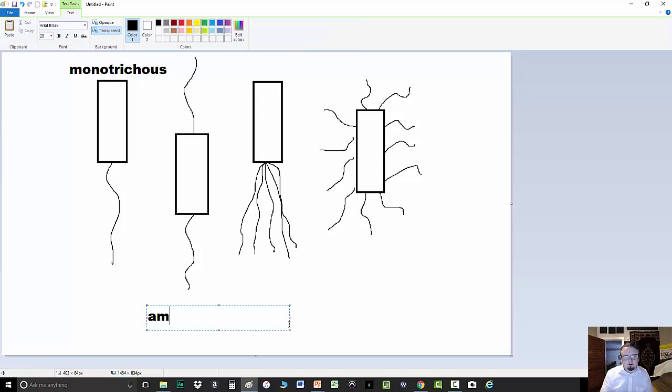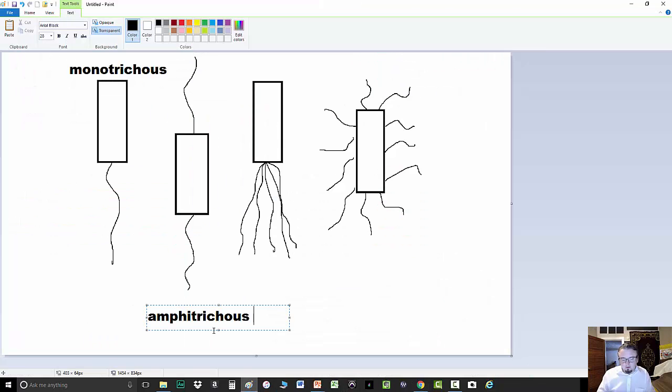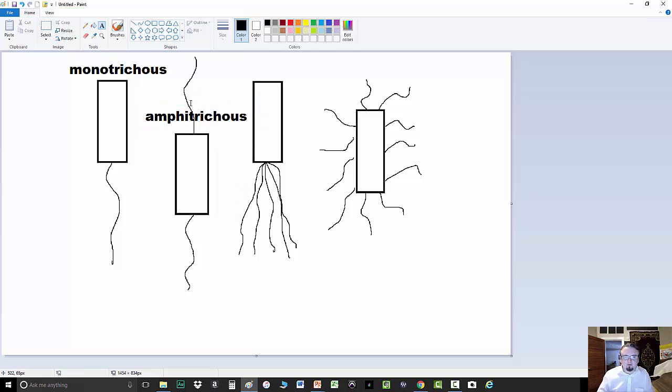This next one here is called an amphitrichous. Make sure I got the spelling right on that. Yeah, amphitrichous. Amphi means something about both. So this is somehow in reference to a tail on both ends.